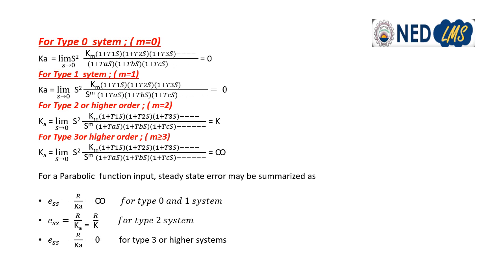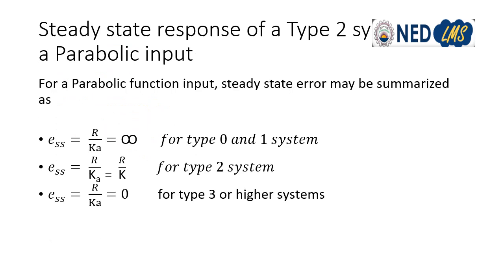We can summarize: steady state error is infinity for type 0 and 1 system, it is equal to R upon k for type 2 system, and it is 0 for type 3 or higher order systems.